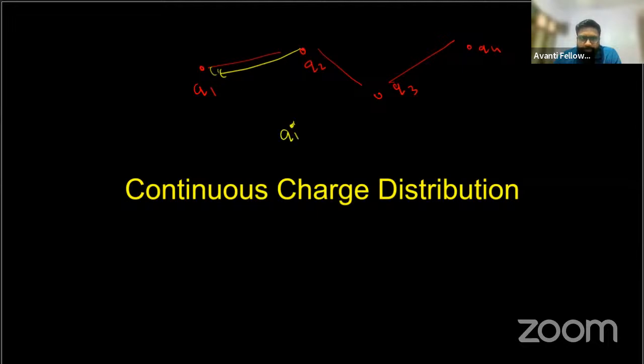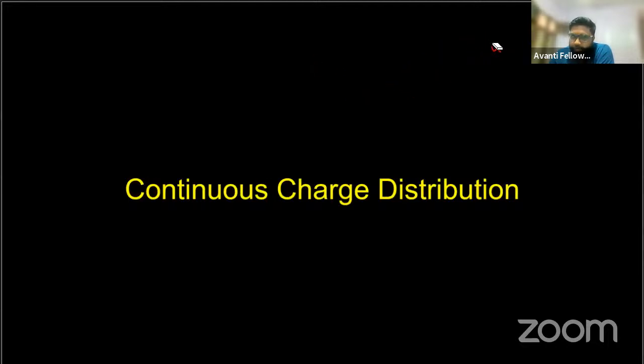Q1 here, Q2 is also here, Q3 is also here, Q4 is also here, which means there is nothing to find in between them. The spacing is so narrow, so compact, that we cannot take any other charges in between them. So that particular distribution of charge is termed the continuous charge distribution, which means if you go through that distribution, you will never find a gap between the charges.